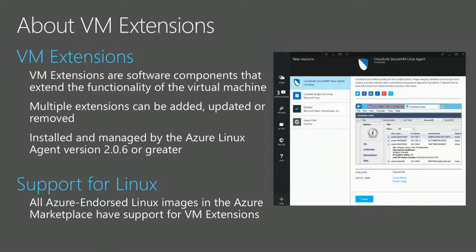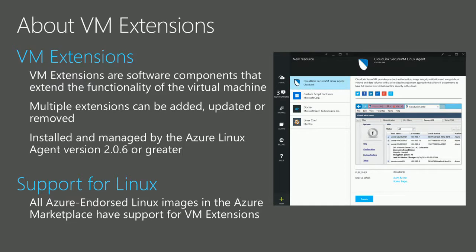So what this VM extension is, it is software that provides a lot more additional ability to manage your VMs. It's a package with a manifest and executables, and you can apply this when the VM has just been provisioned or after the VM is running. You can also apply multiple VM extensions to a VM, and you can add, delete, and so on.